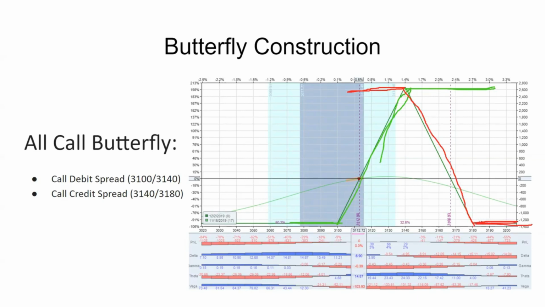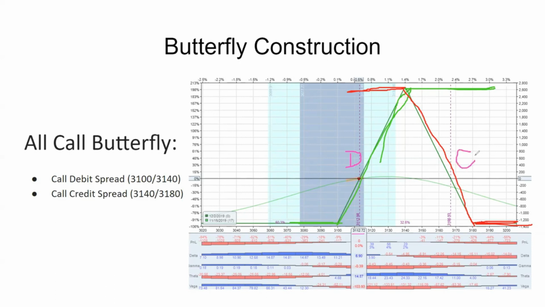So here we have two spreads that make up this butterfly. Both spreads are being put together using all calls. And we have 3100, 3140, which is a debit spread. And then we have 3140, 3180, which is a credit spread.